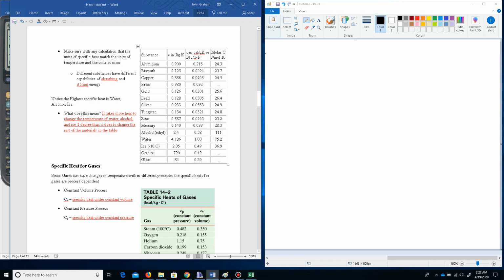The rest of these, which a lot of these are metal, a little bit of heat heats it up real fast. Okay, and think about it. You get in a pool, that pool can be out in the sun all day and it still doesn't heat up enough to burn you or anything. You touch metal, it's super hot if it's been out in the sun all day. So metal heats up a lot faster.